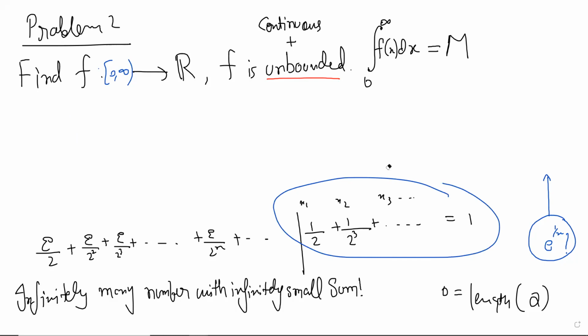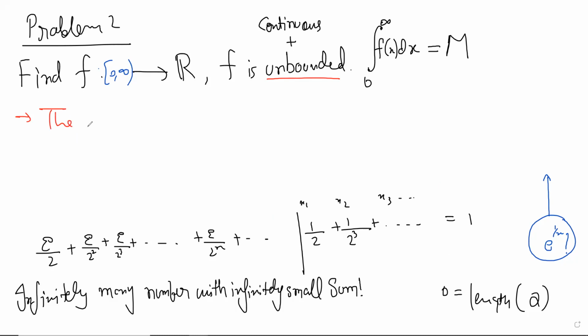Let me just give you a hint, and you can do this next time. The idea is that f becomes unbounded, but you have to make a function which does attain big values, but then comes down again. The time for which it has those big values is pretty small.